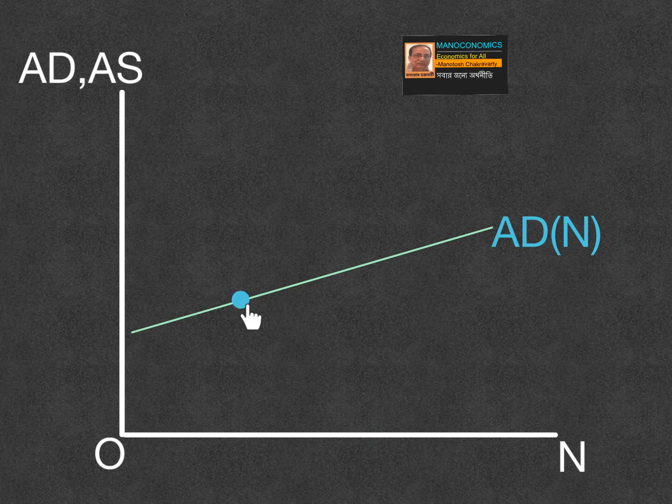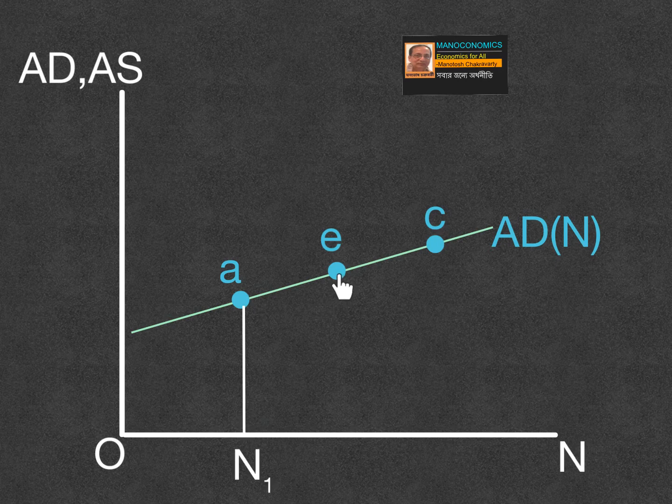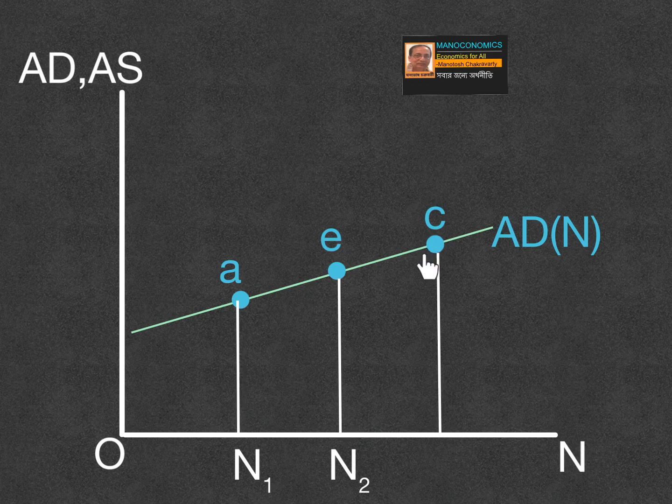Let us look at 3 points on the aggregate demand curve: A, E, and C. These 3 points indicate the expected returns from the level of employment. The first point, A, represents the expected returns at ON1, at point E, ON2, and at C, ON3.